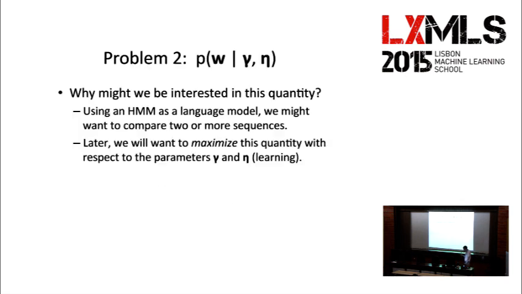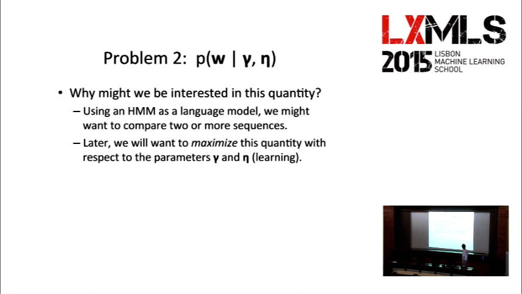OK, so why might we be interested in this quantity, probability of the words given the parameters? Notice the states don't show up in that expression at all. Again, we might use an HMM as a language model. We might use it to compare 2 or more sequences in any of the applications we talked about before.